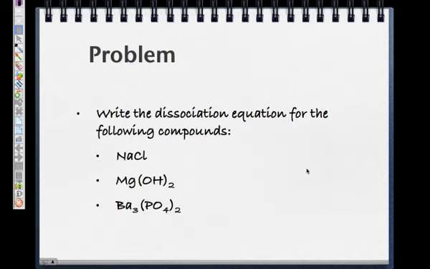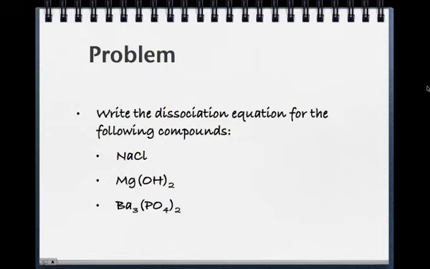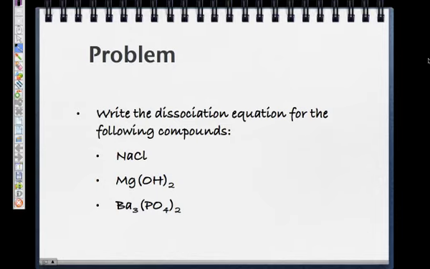So for dissociation equations, if we write the dissociation equation for these compounds, NaCl, hold on, I'm waiting for the pen to show up. Whose is that? The green one?